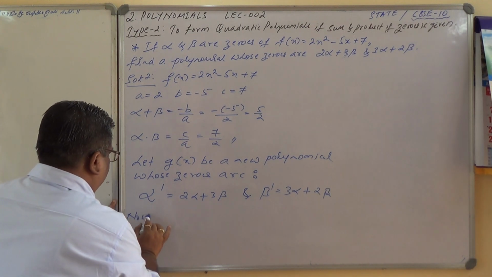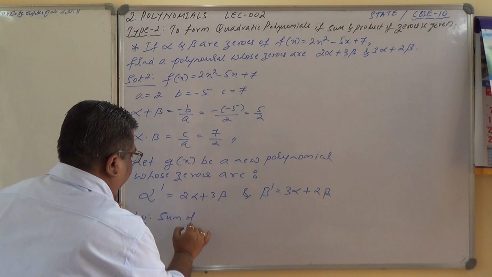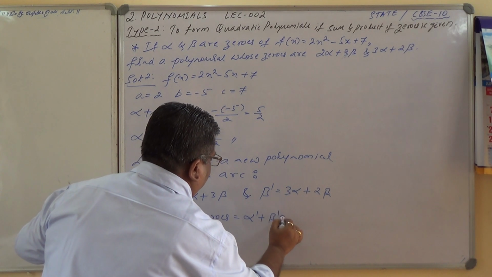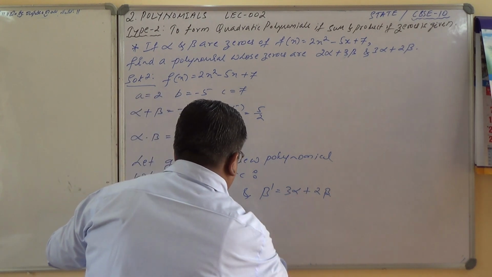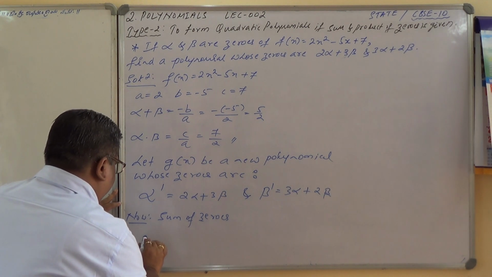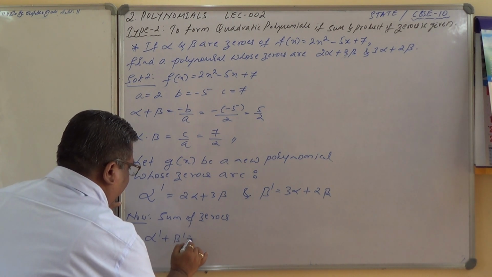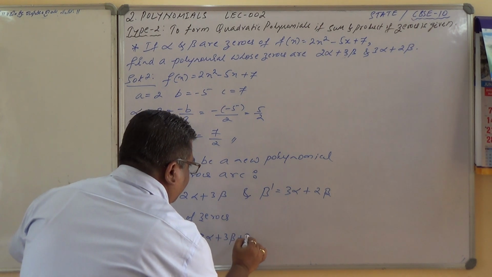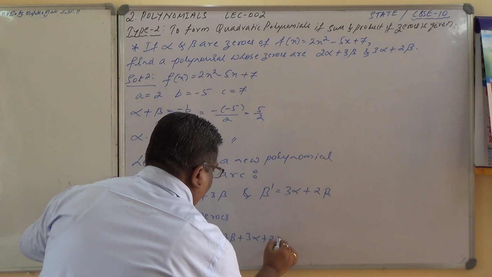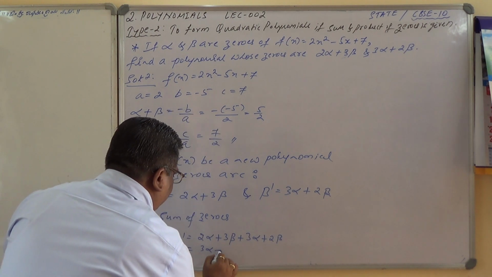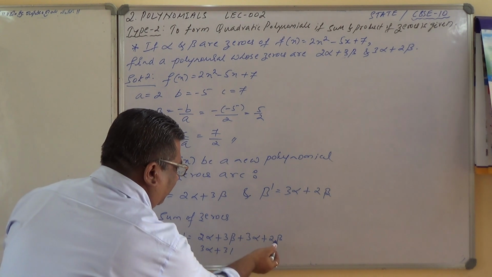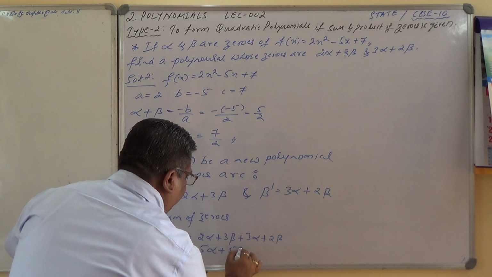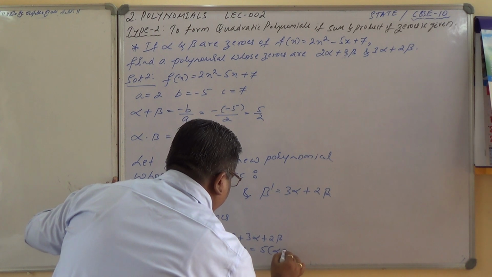Now the sum of zeros, alpha dash plus beta dash equals 2 alpha plus 3 beta plus 3 alpha plus 2 beta, which is 5 alpha plus 5 beta, 5 times alpha plus beta.